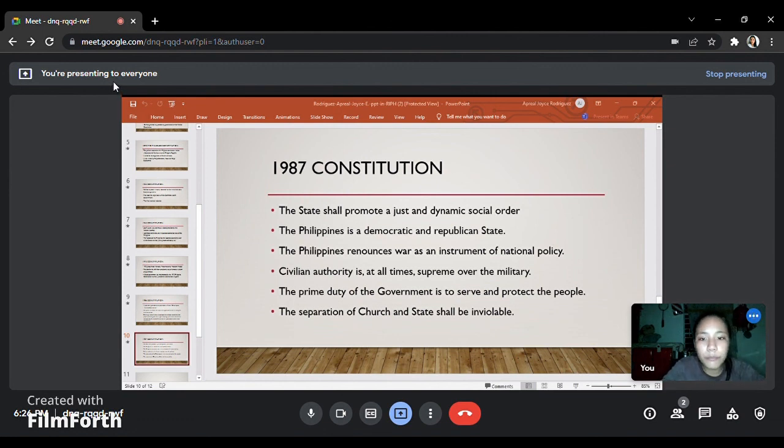The prime duty of the government is to serve and protect the people. And in the 1987 Constitution, the separation of church and state shall be inviolable.